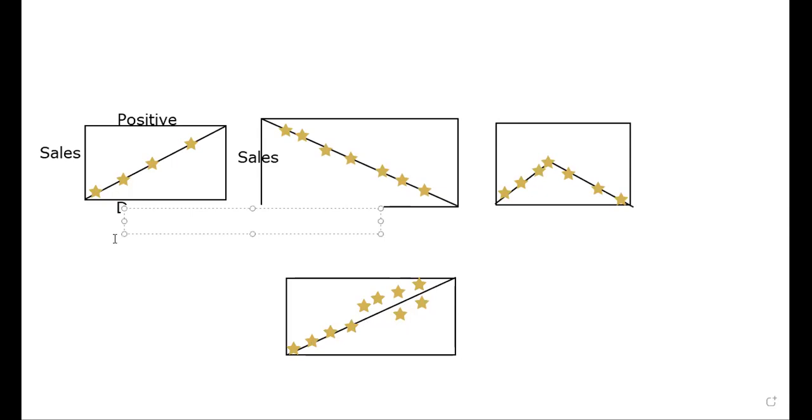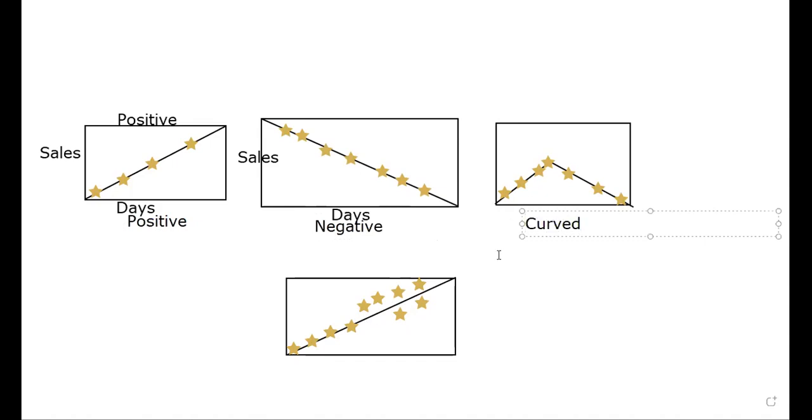So first of all, we have positive correlation, negative correlation, then curved correlation, partial correlation. So these are the other four types of correlation that we find. Scatter diagrams show the relationship between two variables.